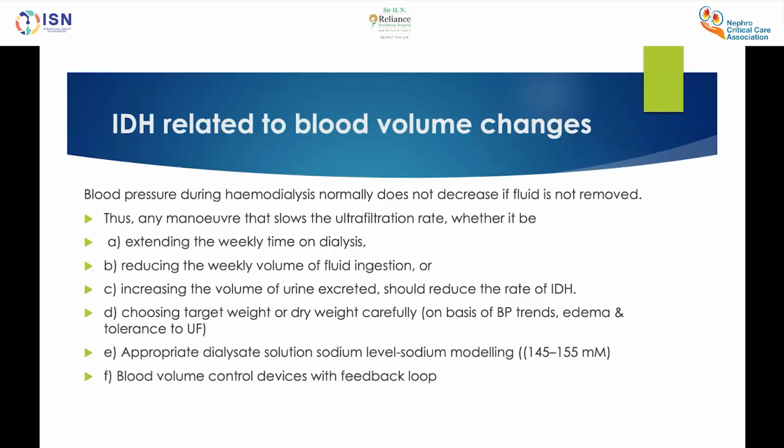Choose target weight or dry weight carefully, depending on the trends of blood pressures, tolerance to UF, or presence of peripheral edema. Use an appropriate dialysate sodium level, also called sodium modeling, around 145 to 155.